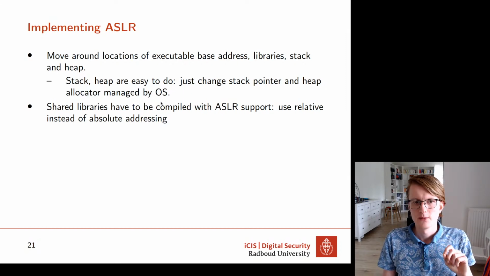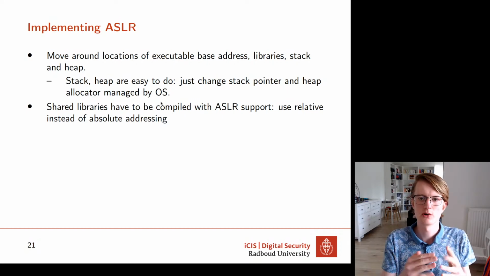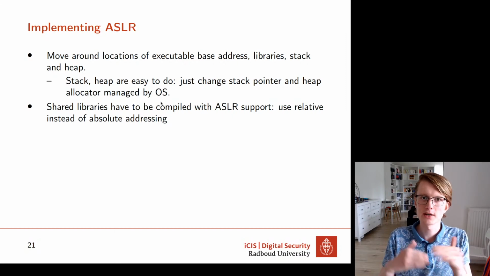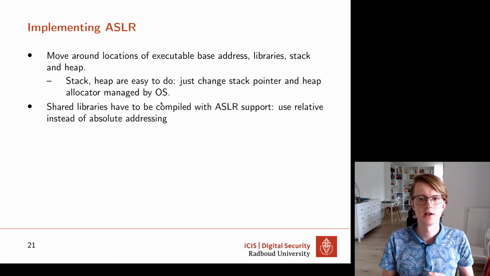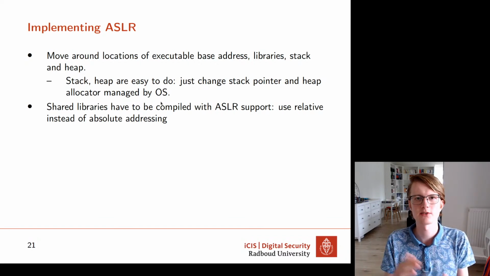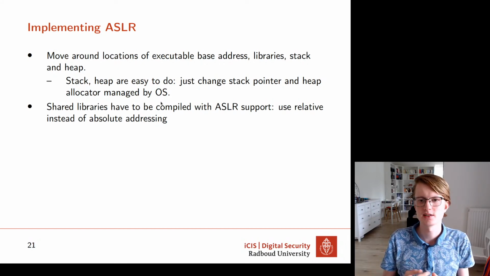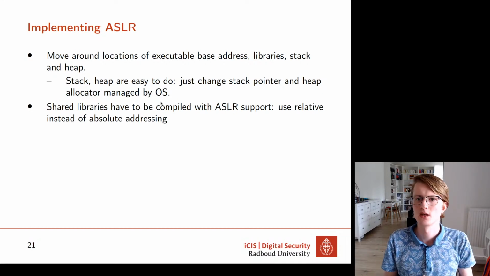The shared libraries are also loaded into your program at some address. If you want to also randomize the code within such a library, you need to compile it with ASLR support, because whenever you have code that jumps somewhere, it doesn't work anymore to jump to exactly some line, because you will start to move it around.